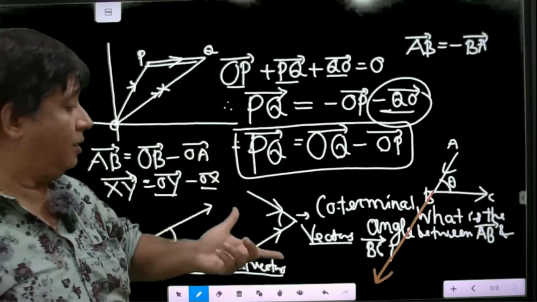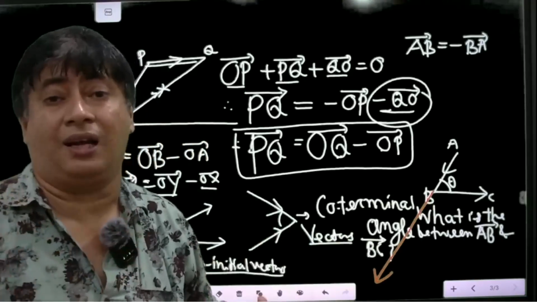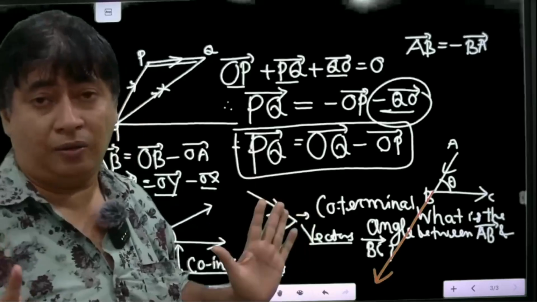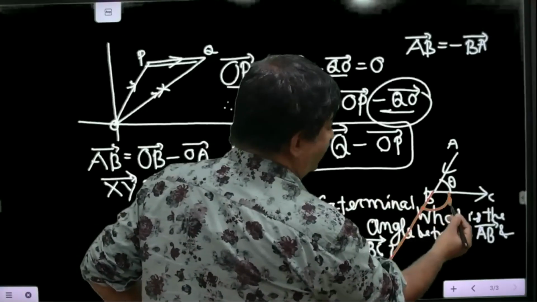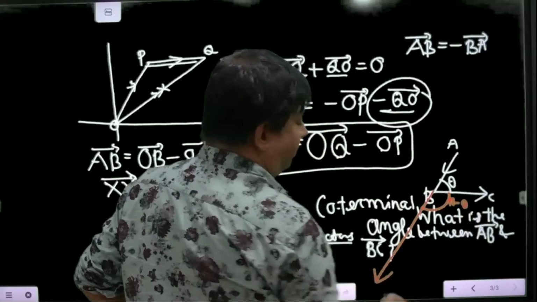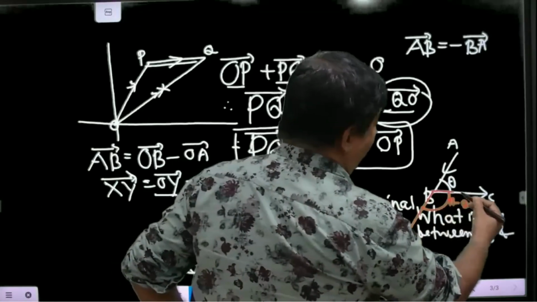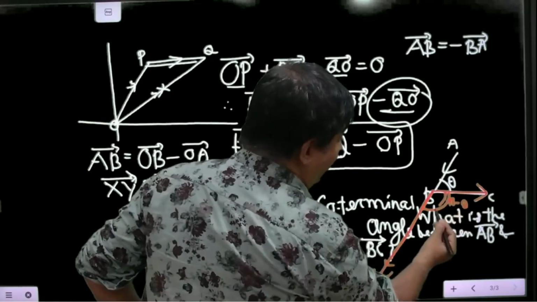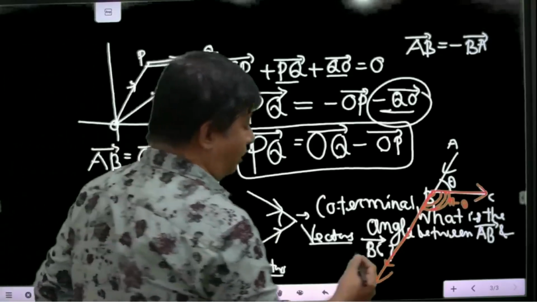So the angle which was seen by us, the included angle, is not now to be considered. I will consider this angle as the included angle. Why? Because once I produce it, then I have got two co-initial vectors. So that angle could be considered. Understand?